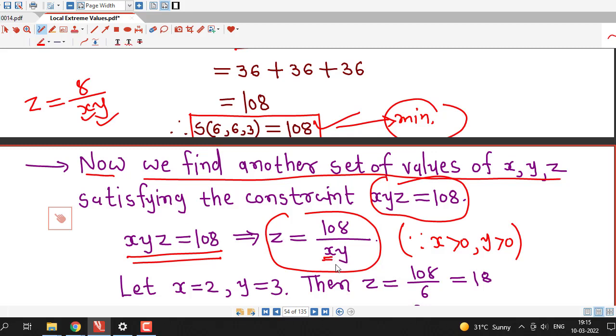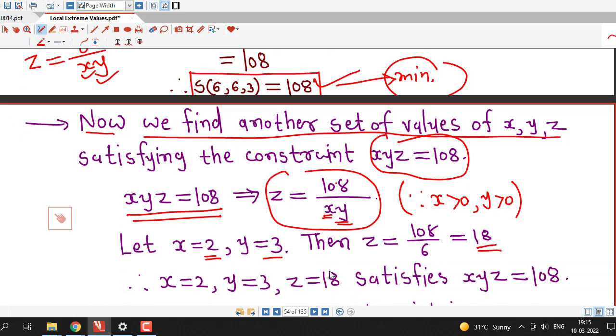Suppose we take x equal to 2 and y equal to 3, then z will be 108 divided by 2 into 3, that is 6. So we obtain z equal to 18. So the point (2, 3, 18) satisfies this condition. We can see it is 2 into 3, 6 into 18 is 108.